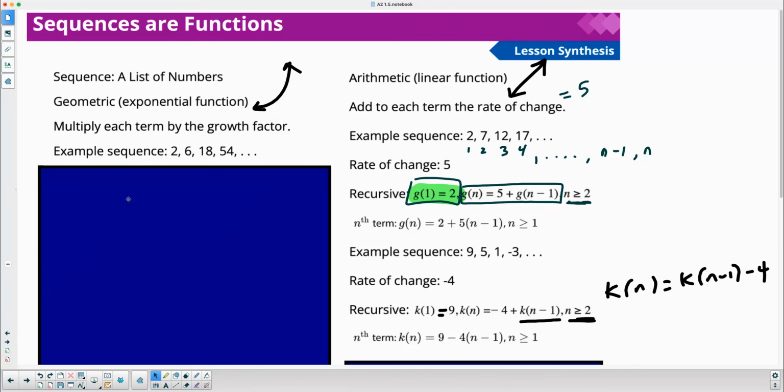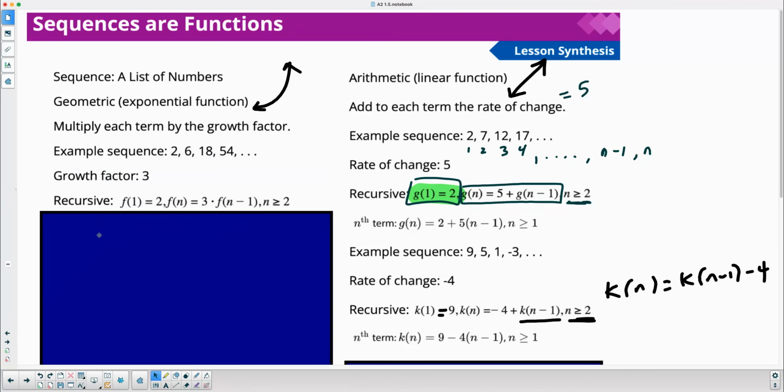Here's my example sequence. I'm multiplying by 3. So my first term is 2. So if you look here, 2, there's my first term. And then to find the nth term, we multiply the previous term times 3.